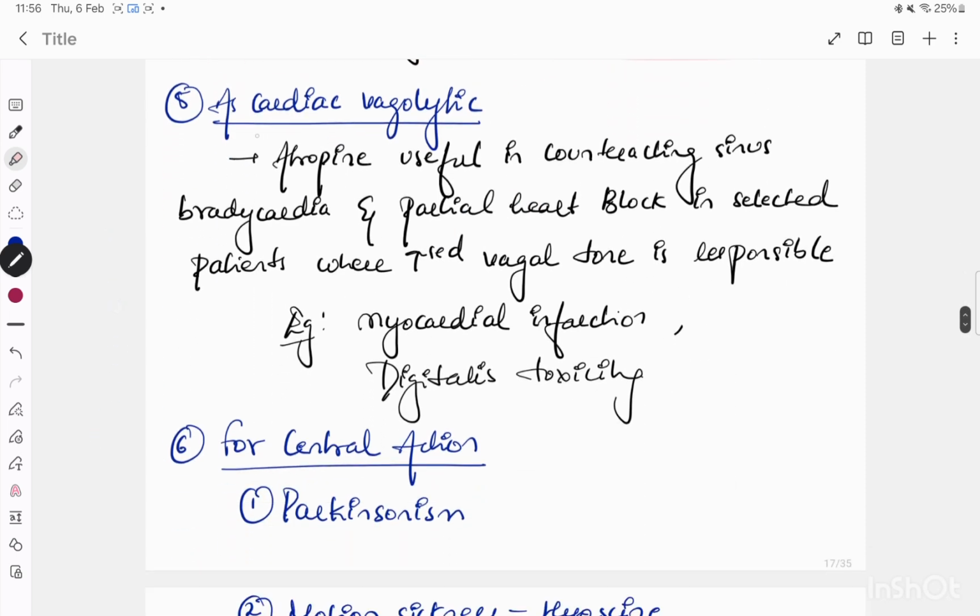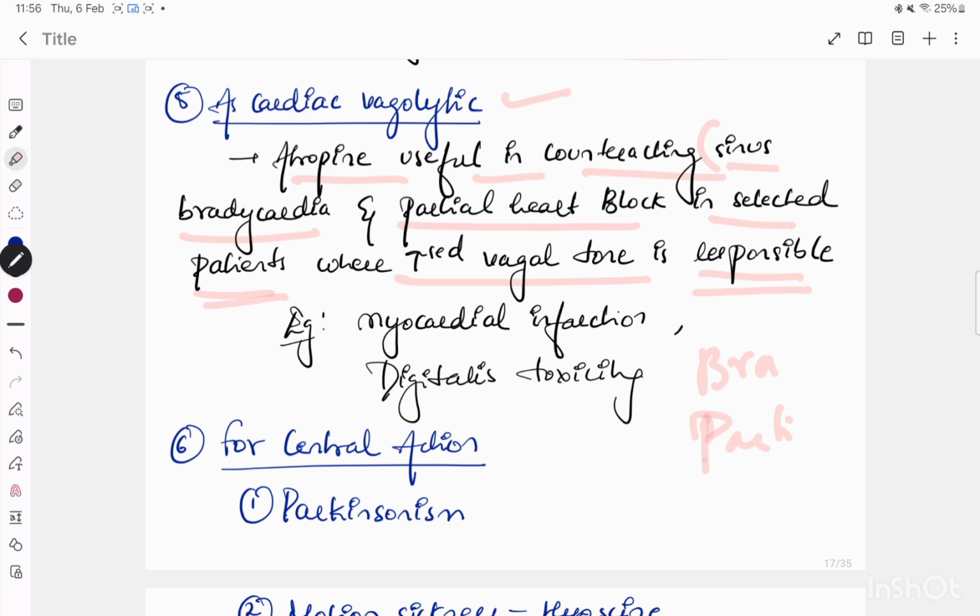As a cardiac vagolytic, atropine is useful in counteracting sinus bradycardia. Obviously, we already saw that in sinus bradycardia and partial heart block in selected patients, increased vagal tone is responsible. So we give atropine in patients with bradycardia as well as partial heart block where increased vagal tone is responsible.